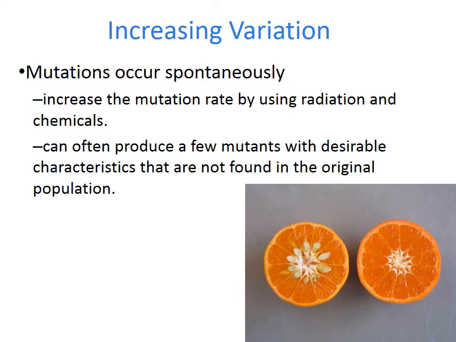And a lot of times these mutations have desirable characteristics that are not found in the original population. So for instance, here I've got a picture of an orange with seeds, and then one that has had mutations induced in it, and then you get a seedless orange. And obviously seedless oranges are more expensive, they're more desirable than oranges with a bunch of seeds.